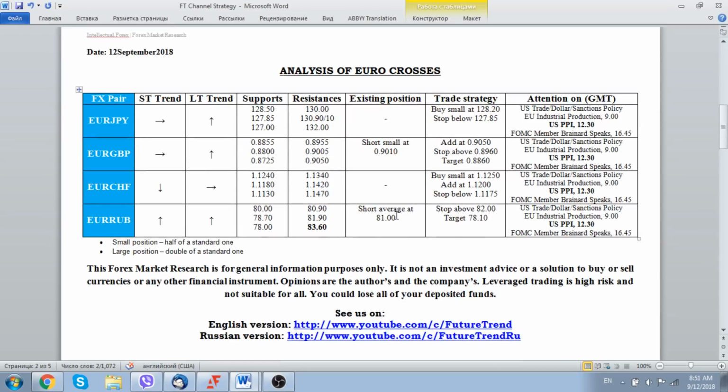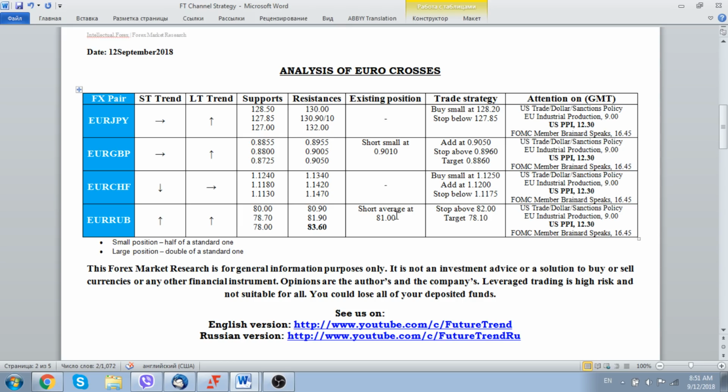That's because we suggest that an early signing of an agreement between the European Union and the United Kingdom regarding its future trade relations should mean that the cable, the British pound, could receive some additional boost, and in that case we could see some really strong moves to the upside for the British currency.